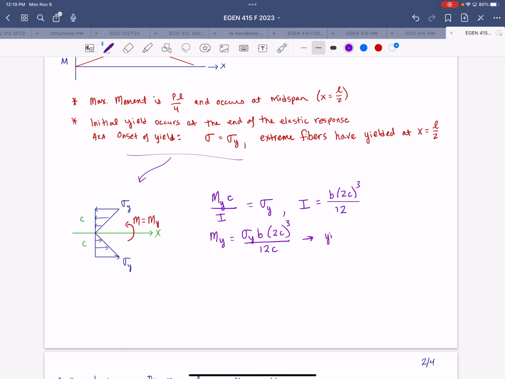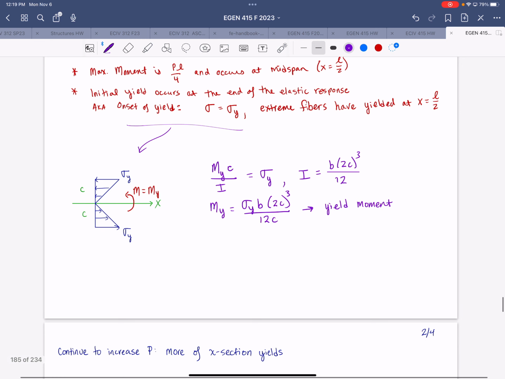So that gives you the calc for the yield moment, and that simplifies to 2/3 b c squared times the yield stress. Now, quick gut check on the units, right? b c squared gives you, let's say it's in inches, inches cubed, and the normal stress will be, let's say, in kips per square inch. So that gives the correct units for a moment, so that checks out.